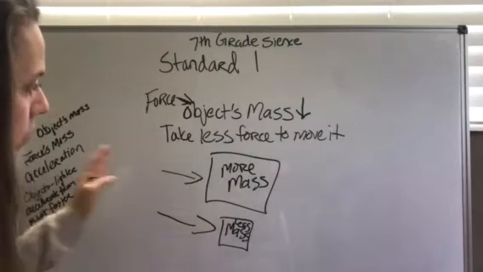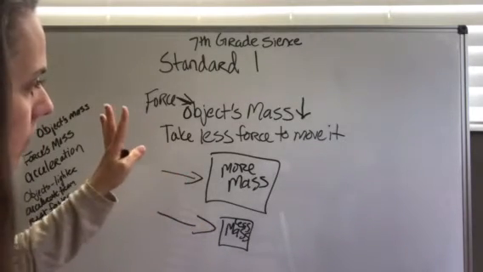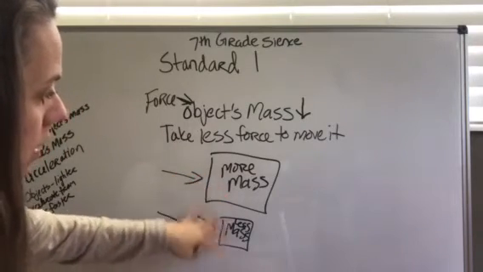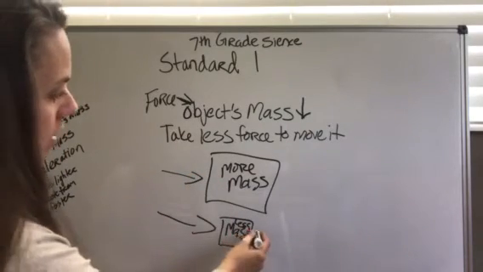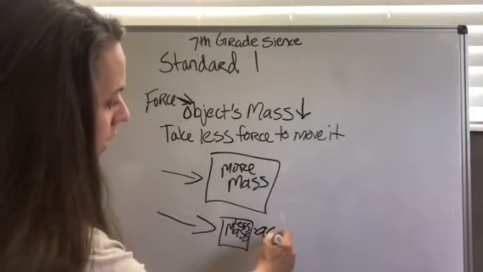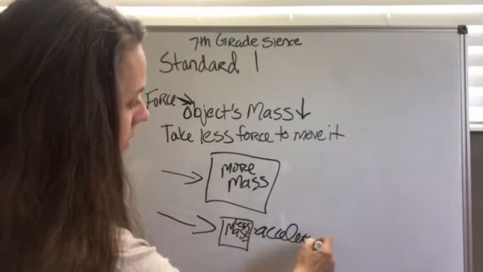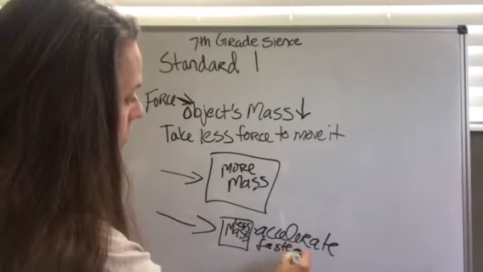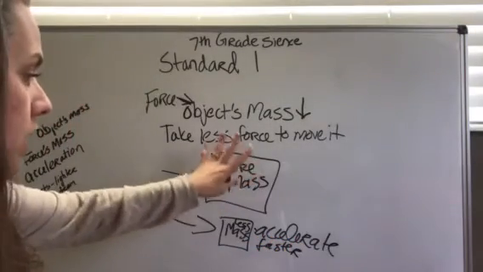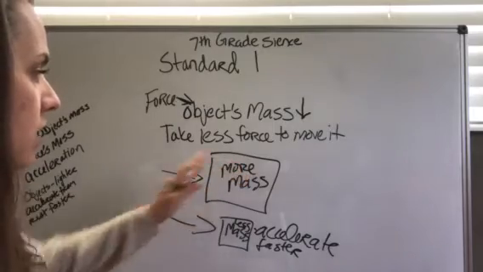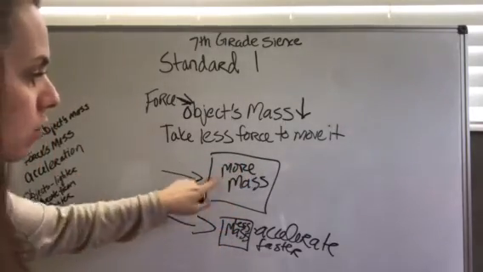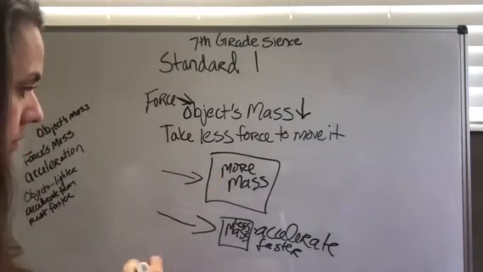So if an object puts a force on both of these objects, this one is going to accelerate faster because it's smaller. And this one is not going to accelerate as fast because of its mass. It takes more force to get this one in motion.